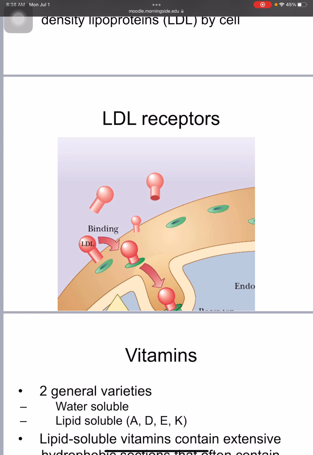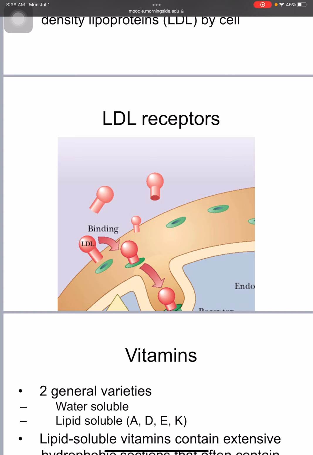It'll take off the LDL, and it'll recycle the receptor and push it back out to the outside so it can bind to another LDL. Lather, rinse, repeat, right? Then it takes the LDL and disassembles it, and in the process takes away the cholesterol for use, however it might need it.